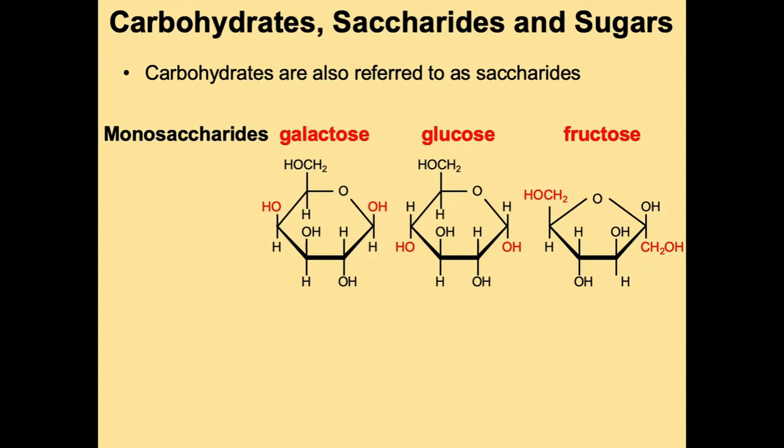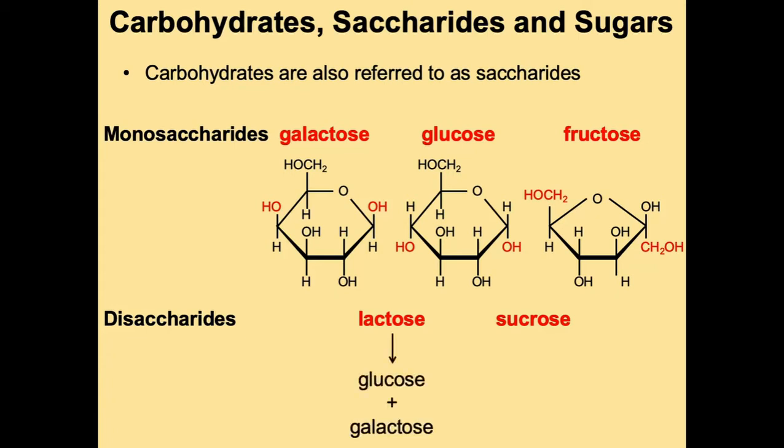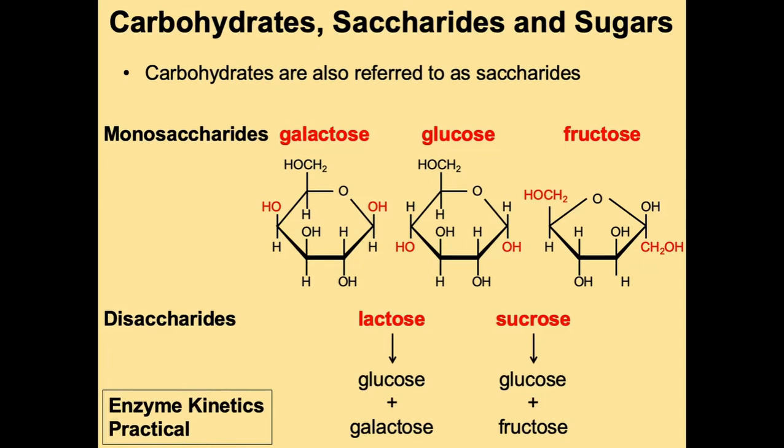They're all 6-carbon sugars. We also have disaccharides, which are 2 monosaccharides together, and examples here are lactose and sucrose. Lactose is made of glucose and galactose, whereas sucrose is made from glucose and fructose. And of course you'll all remember lactose from the enzyme kinetics practical.